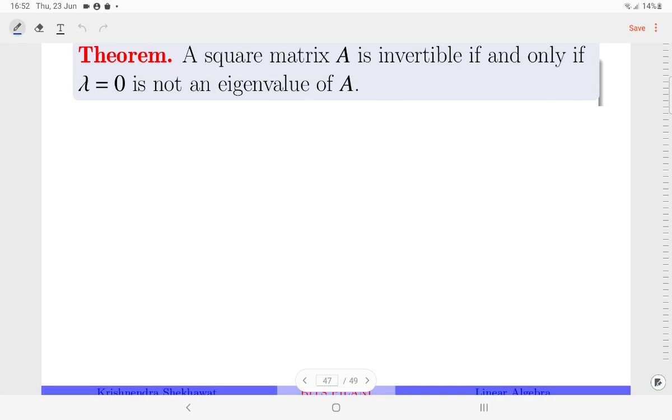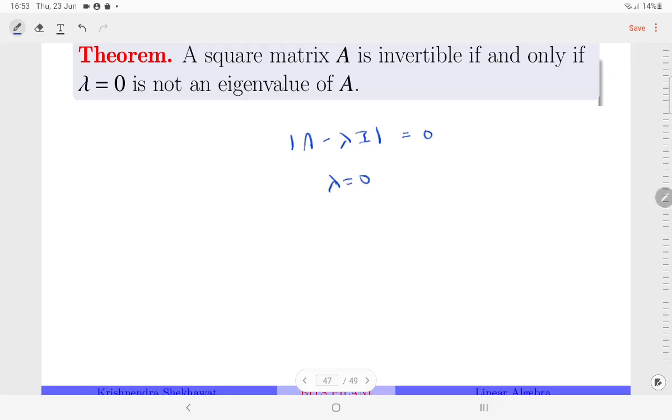A quick observation is, a square matrix is invertible if and only if lambda equal to 0 is not an eigenvalue. You can see how we found the eigenvalues. We consider the characteristic equation, determinant of A minus lambda I equal to 0.